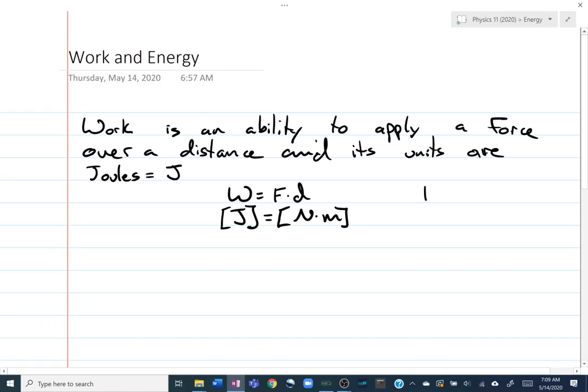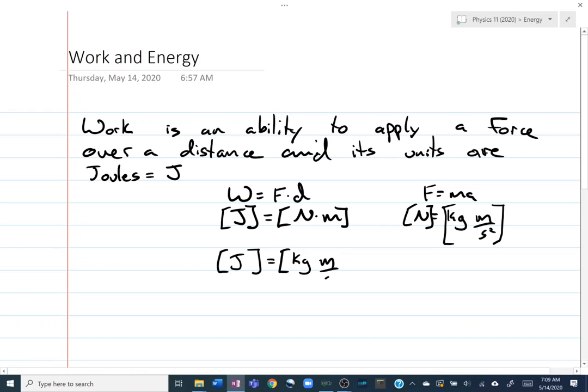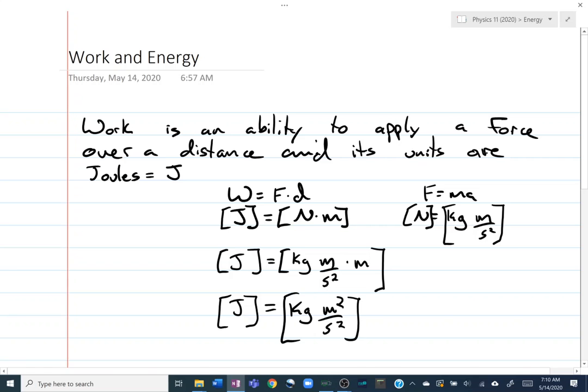Newtons we know, just as an aside, from F is equal to MA, means that a newton is equal to a kilogram meter per second squared, which means that a joule, even further broken down, is kilogram meter per second squared times a meter. So in the most basic units, a joule is a kilogram meter squared per second squared, would be kind of the base unit associated with a joule.